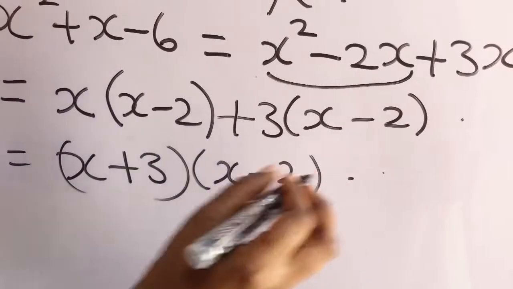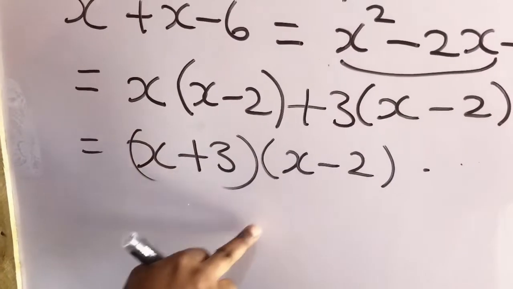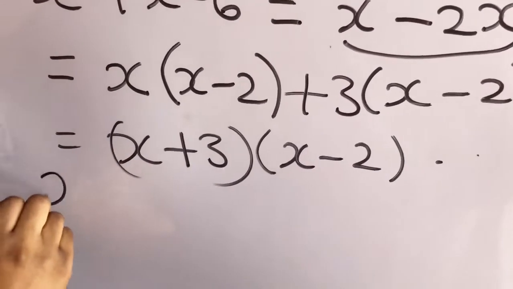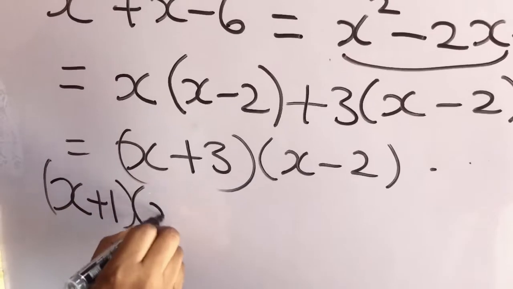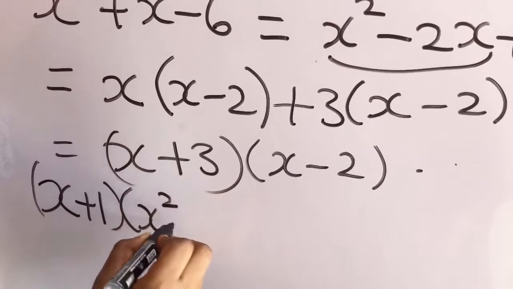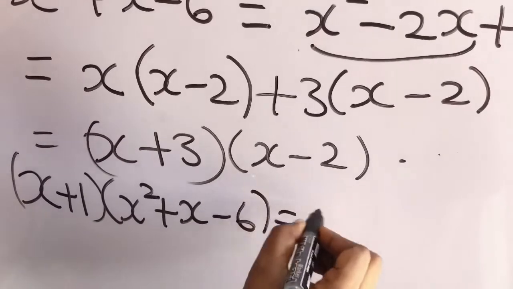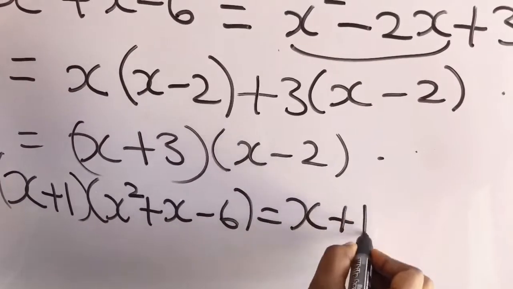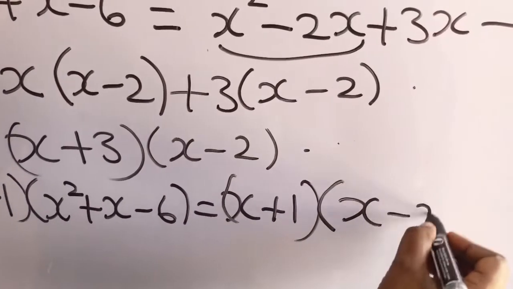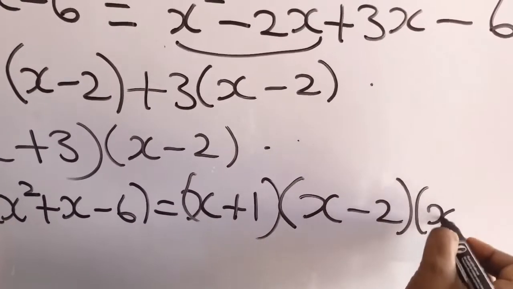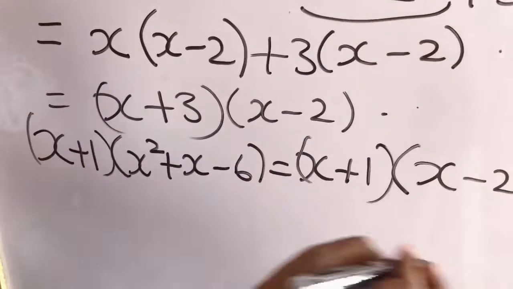And don't forget that we are dealing with a polynomial of degree 3, so we have x plus 1 times x squared plus x minus 6, which will now be equal to x plus 1 multiplied by x minus 2 multiplied by x plus 3. So we need to find the zeros of this polynomial.